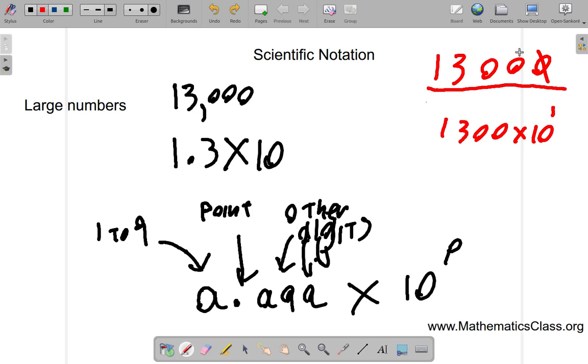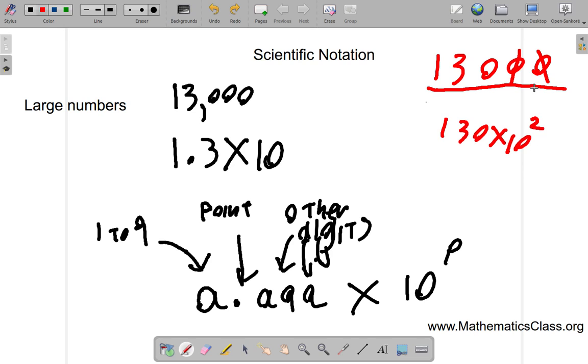But then, suppose we look at the 13,000 and divide by 100. So I cross off 2 zeros here. What would happen is that we would have 130. But after you get the 130, you want to get back your 13,000. So what would you have to do? You multiply 130 by 100. 130 times 100 gives you 13,000. But I want to rewrite it as 10 to the power of 2. You see that?